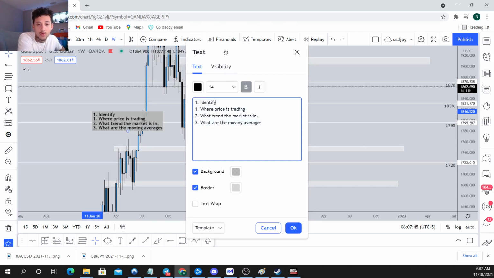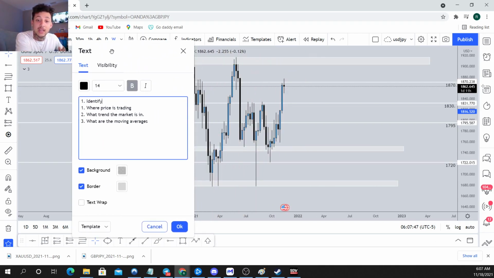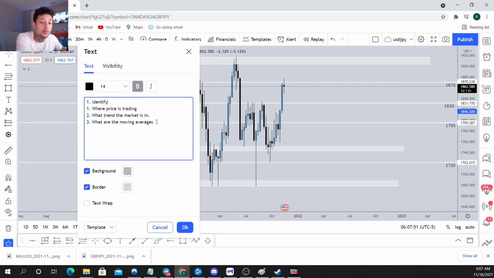You're going to ask yourselves where price is trading. Are we trading at a level of resistance? Are we trading at a level of support? What do the previous candlesticks look like, right? So you can even add that. What does the higher time frame, we're going to add here daily through weekly, look like, right? So this is what I mean by identify, right?